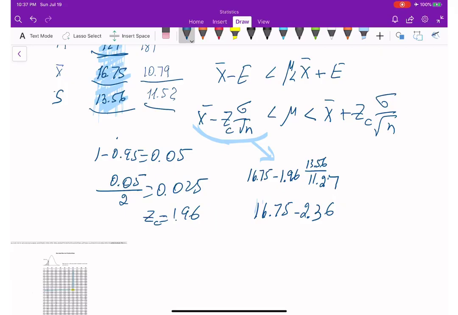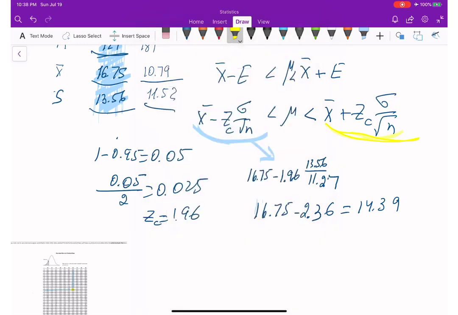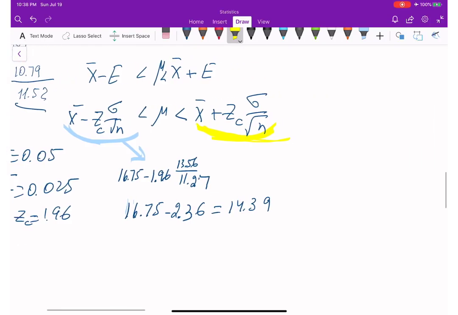Okay, so 16.75 minus 2.36, that will be 14.39. Okay, and for the addition version, what are we going to have?